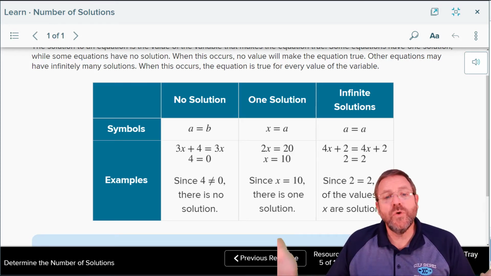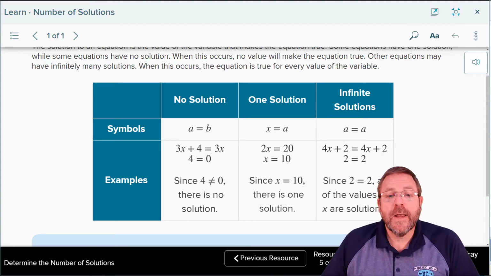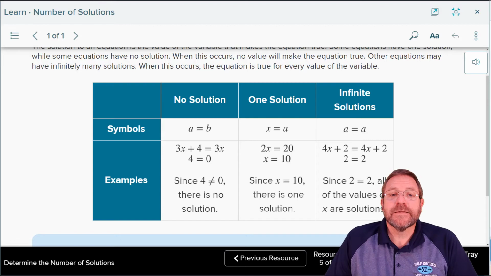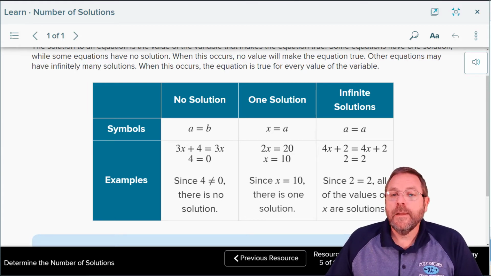They're equal to 2 different things. For example, 4 equals 0, there's not going to be any solution. And some of your equations have an infinite number of solutions, and here you have a is equal to a, and a equals a implies that no matter what number you put in for a, it's going to equal a. So we're going to get a valid solution all the way through it.